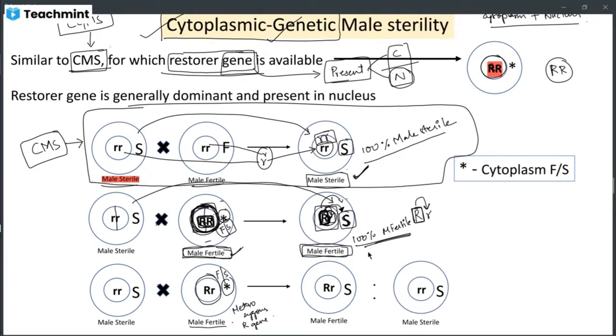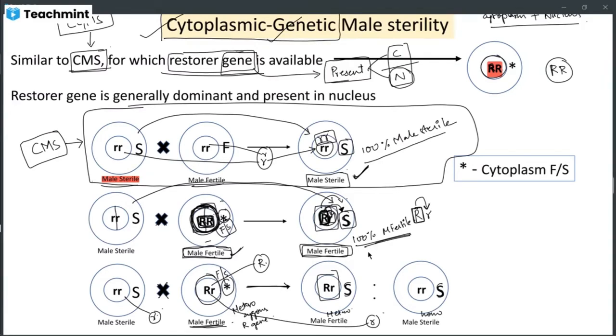So when you cross your male sterile line with your male fertile line, then the cytoplasm will be always from the female side. From this you will be getting R gamete, and from this you will be getting two different types of gametes. One will be your R and the other will be your small r. So when this R fuses with capital R, it will form a heterozygous condition again. And when small r fuses with small r, it will be your homozygous condition.